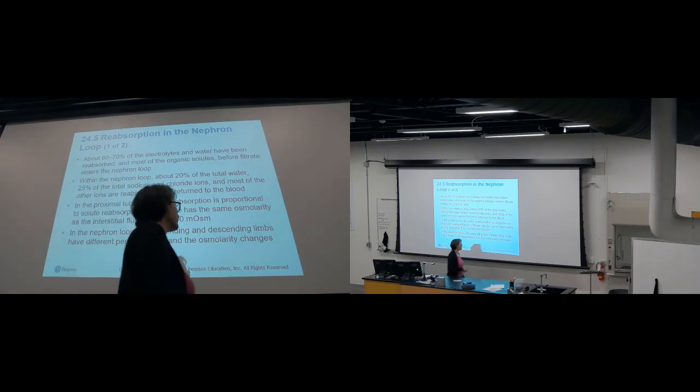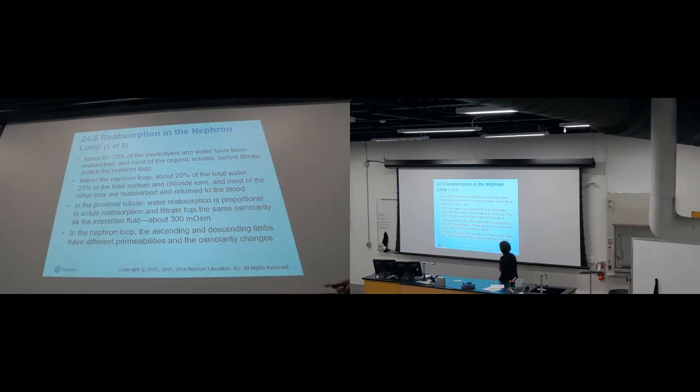So pretty much in this area, that's where you will finalize most of the absorption, but that doesn't mean that you cannot do more. That will depend on the needs of the body in terms of all of these molecules.